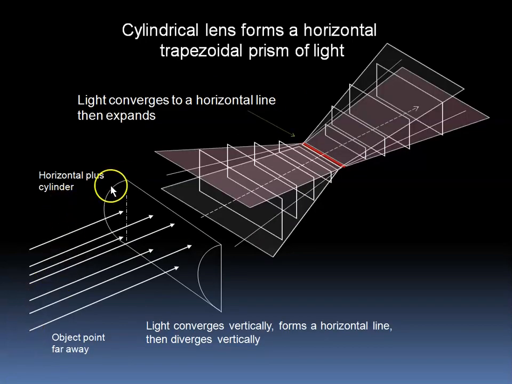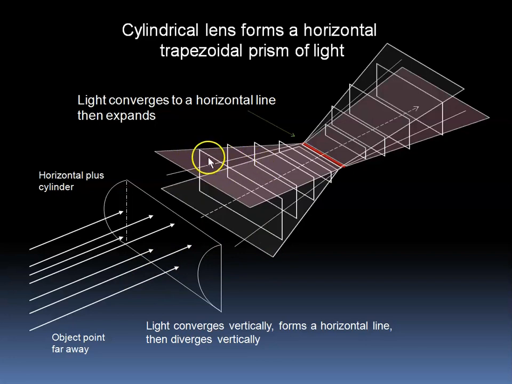So here we show light entering a cylinder oriented horizontally. The long axis is horizontal, but the curvature is vertical. In other words, the power is in the vertical meridian. Along the horizontal axis, there is no power because the lens is flat. The light that goes through this lens is compressed in the vertical direction, but not in the horizontal.